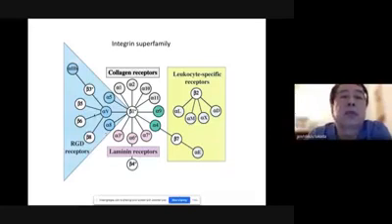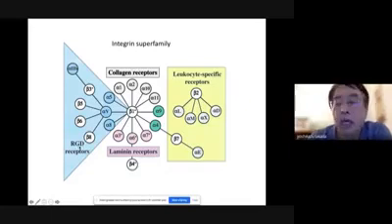For example, these integrins bind to collagen, and leukocyte integrins have different specificity to cell surface ligands. Then the beta-4 integrin, alpha-6 beta-4, and this integrin bind laminin, and basically this group binds to the RGD sequence of the ECM.